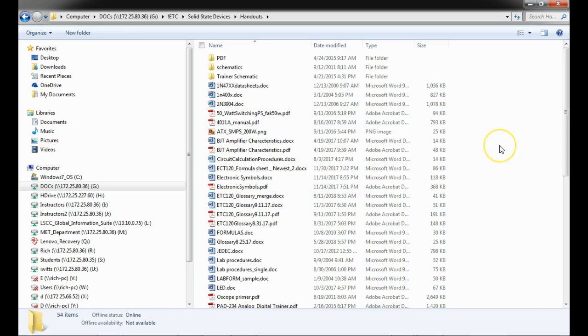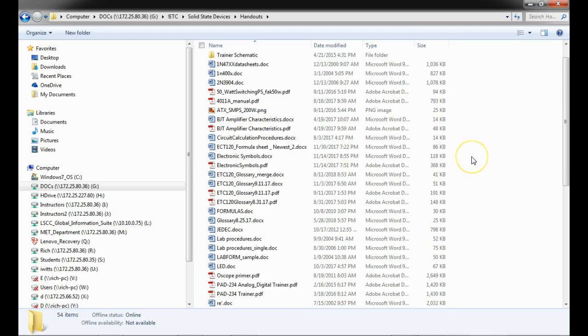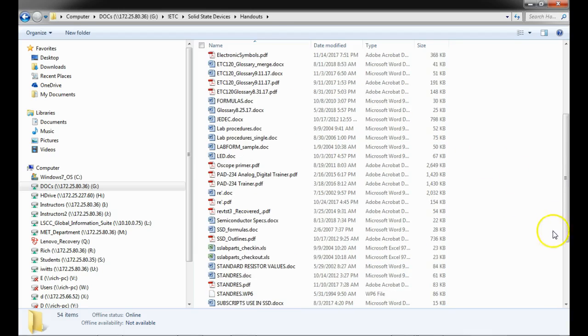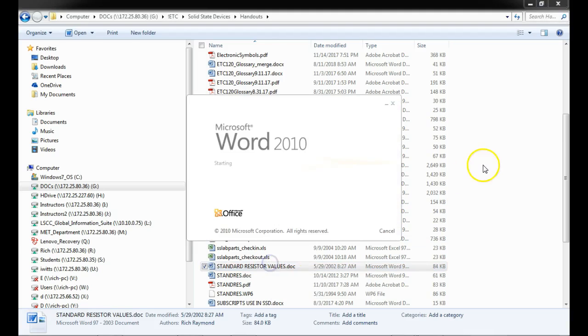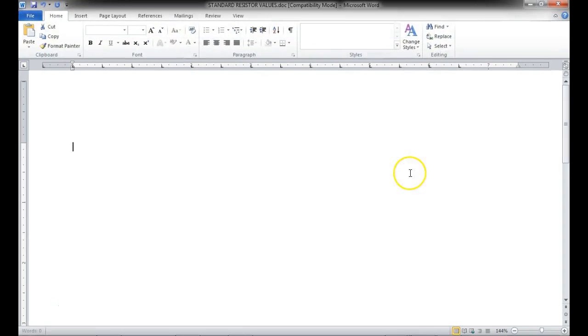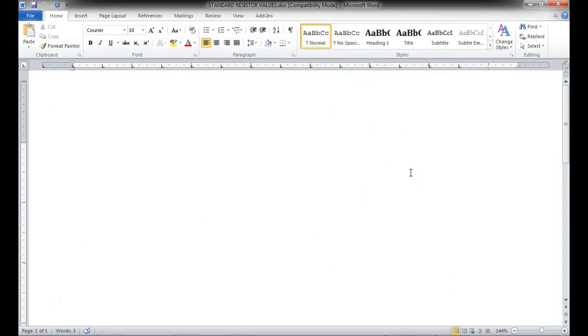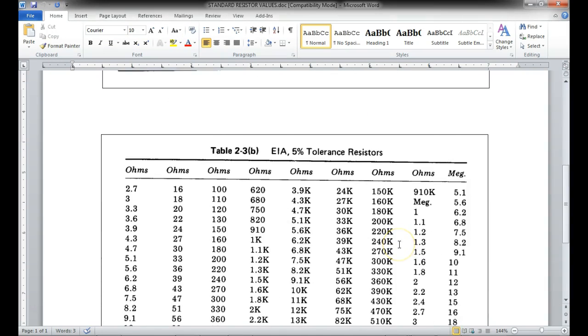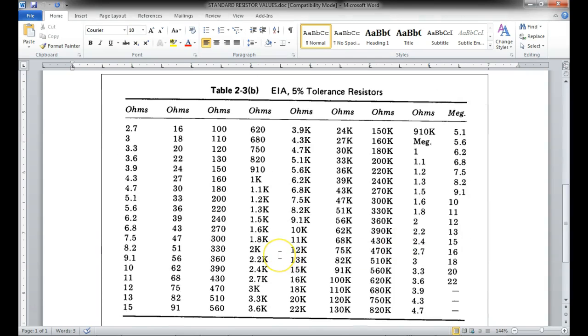Standard resistors. And we're going to look at 5%. And we don't have a 14 ohm, but we got a what? Got a 13.